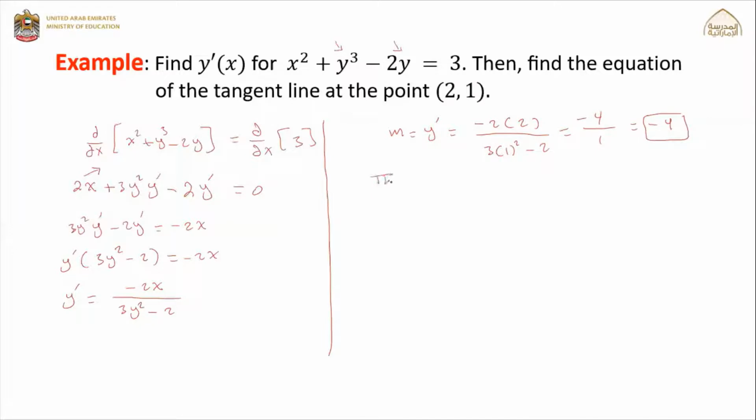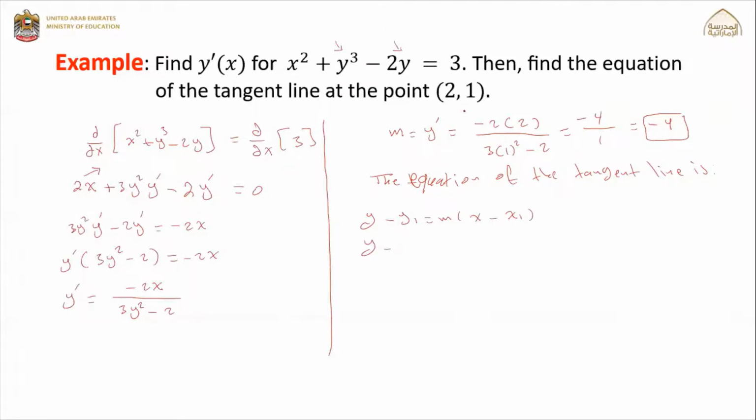The equation of the tangent line is y minus y1 equals m times (x minus x1).